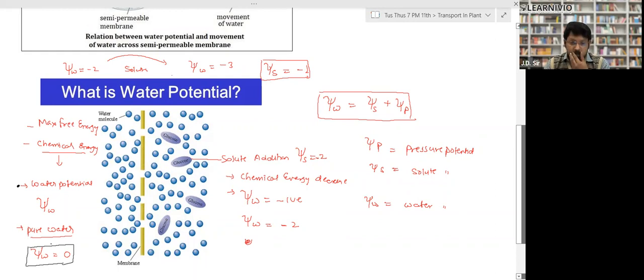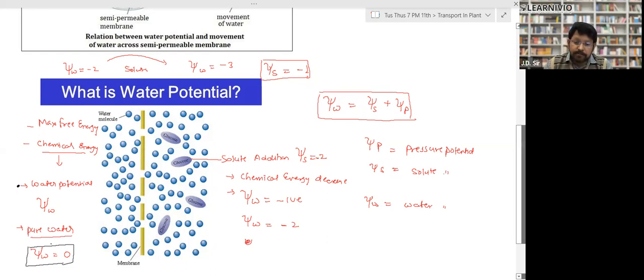This is the modern concept, right? So look, here this is the pure water, and here is the solute addition. Suppose this solution has the energy -2. So how did the -2 come? Addition of solute. So the amount of water potential decrease by addition of solute is called solute potential. Is it clear?